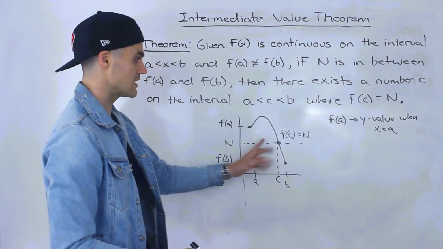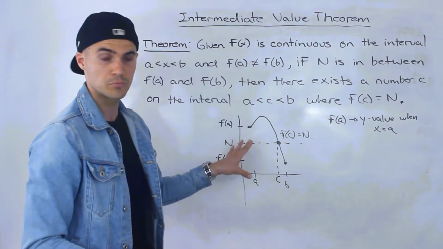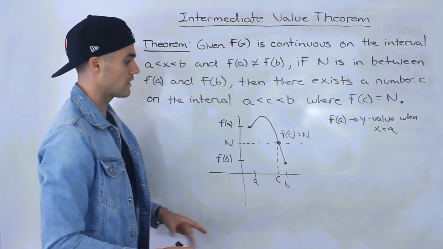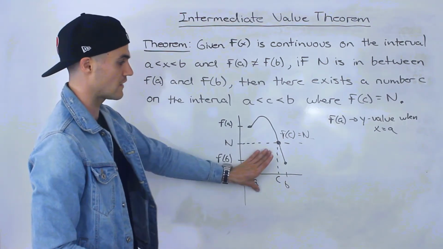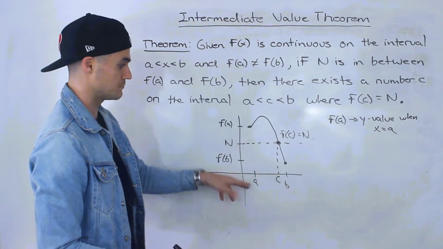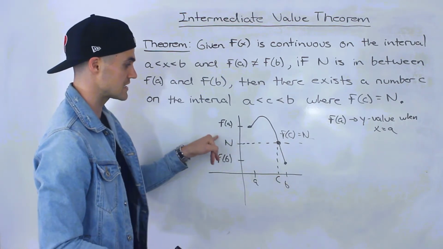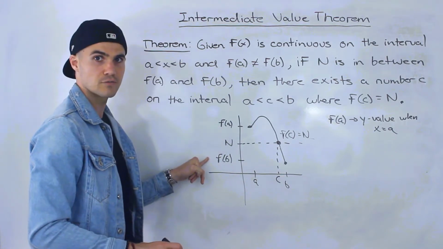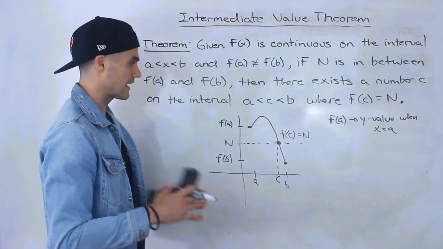So whether it crosses here, maybe it'll cross here, maybe it'll cross multiple times, and there will be multiple c values. Either way, there has to be one kind of c value where f of c, between a and b, is equal to n, if n is between f of a and f of b. Right? Hopefully that kind of makes sense.